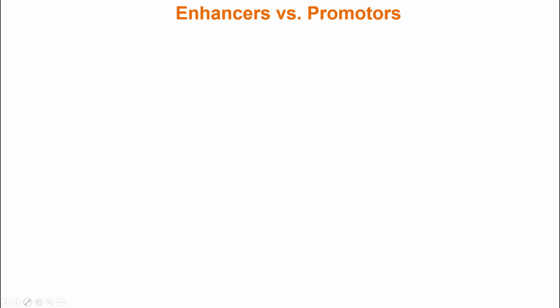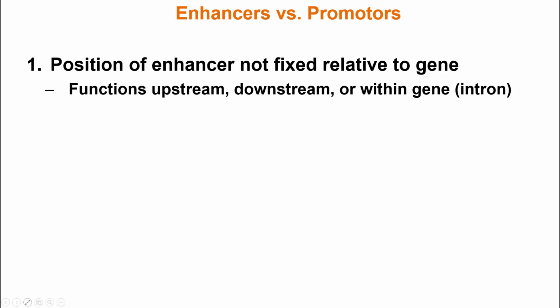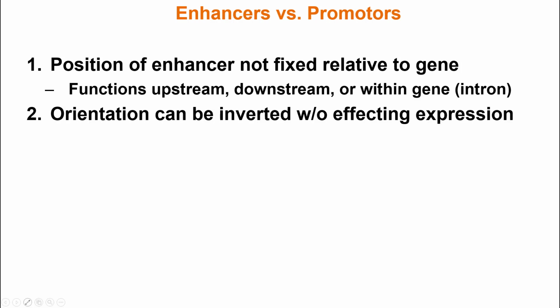So what's the difference between enhancers, silencers, and promoters? Enhancers and silencers are in the same category. First off, the position of an enhancer or a silencer is not fixed to the gene. It can be upstream, downstream, or within the gene, like in the intron. That's not true of promoters. Promoters are always before.